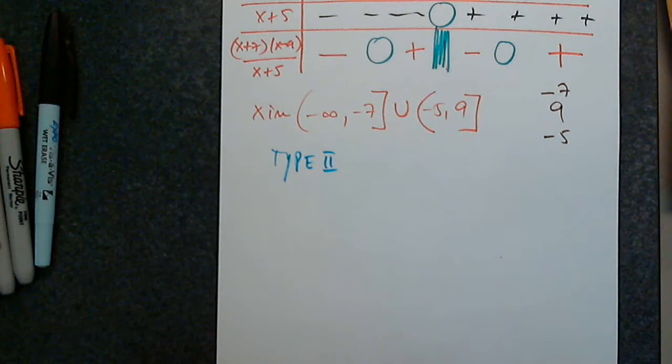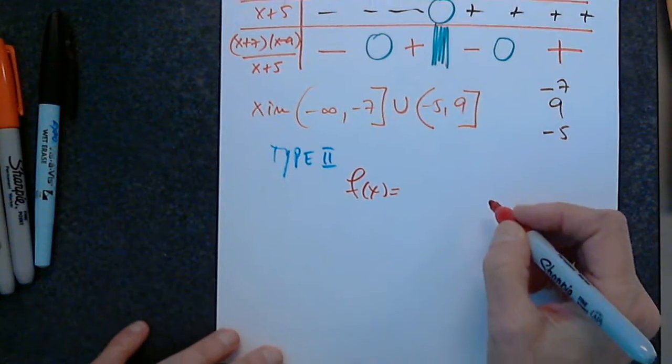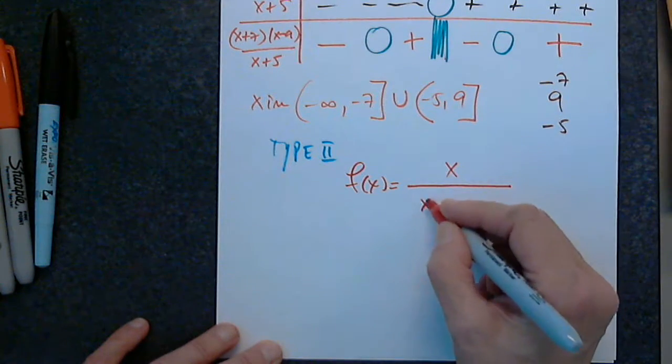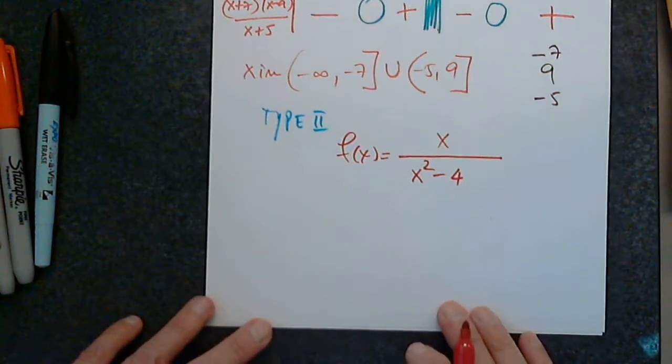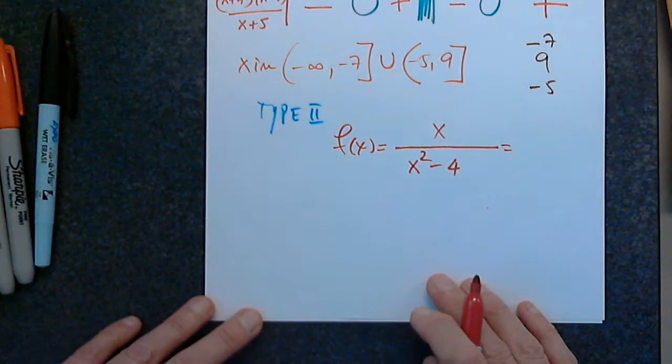Okay, do you want to choose one, or you want me? Okay, very good. So let's say f of x equals x divided by x squared minus 4. What will I do immediately?